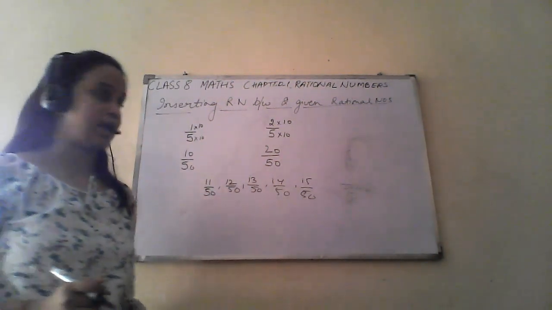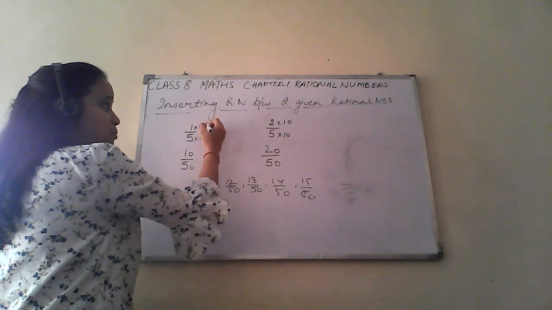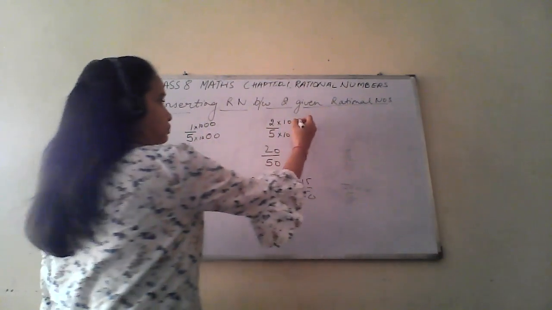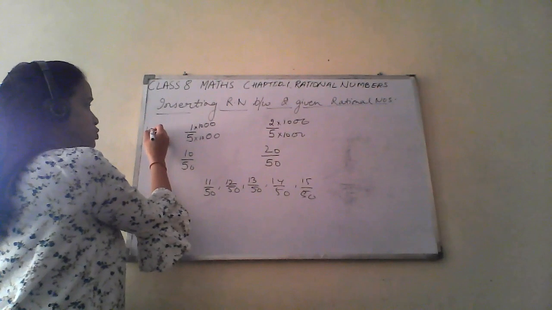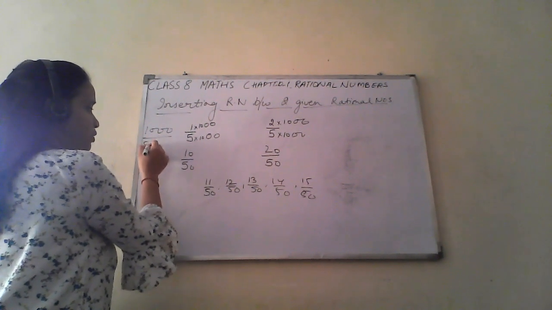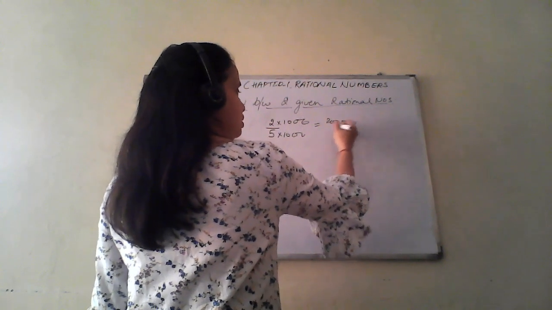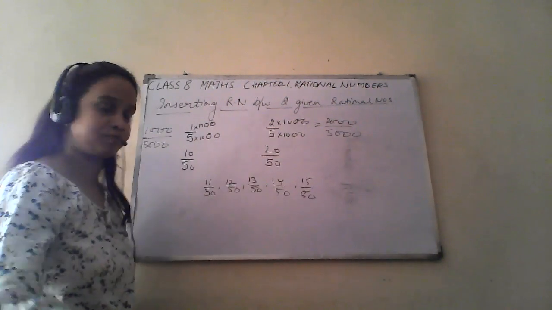This is one case. Now what happens if I multiply this number by 1000? This fraction would have become 1000 upon 5000. This fraction would have become 2000 upon 5000.